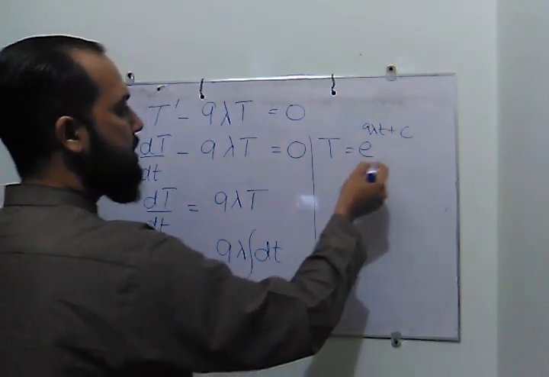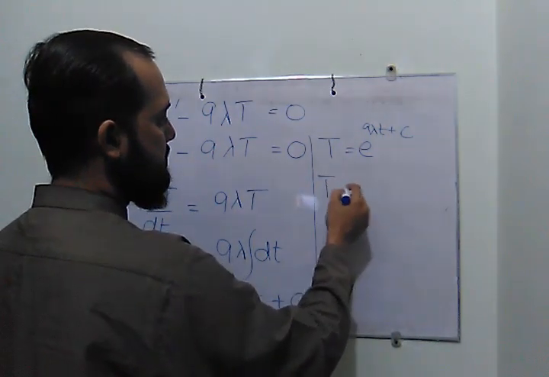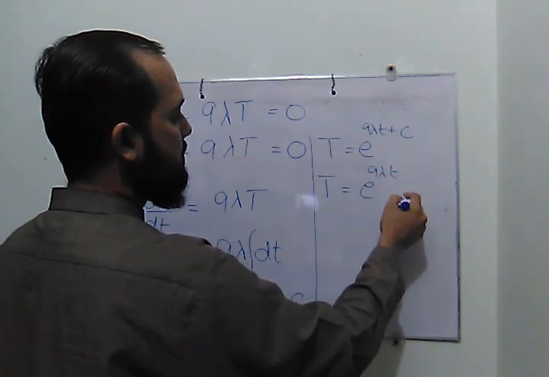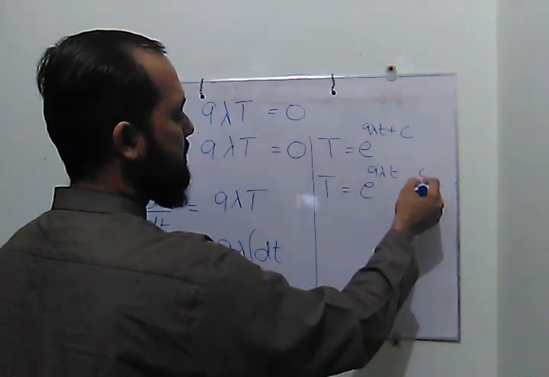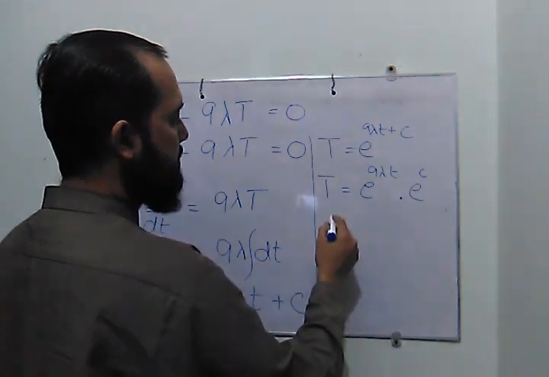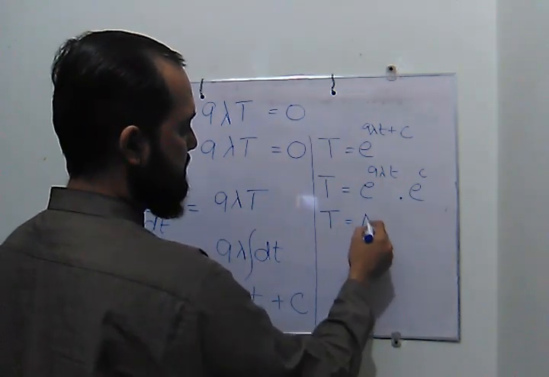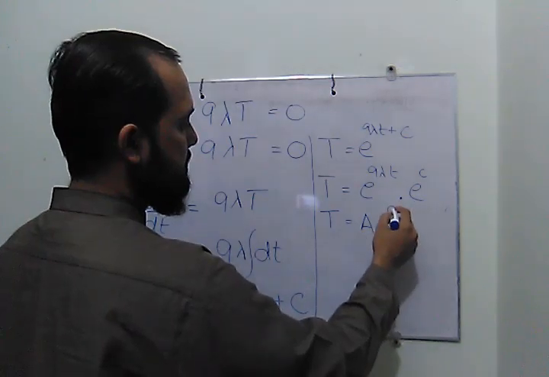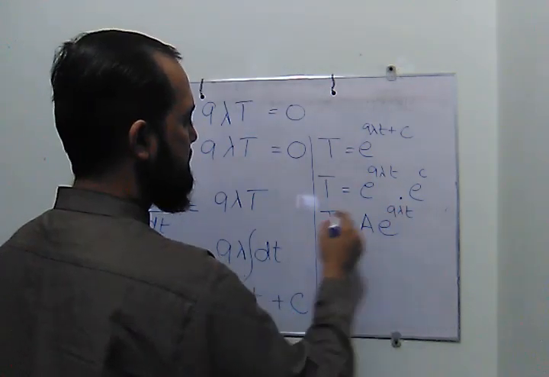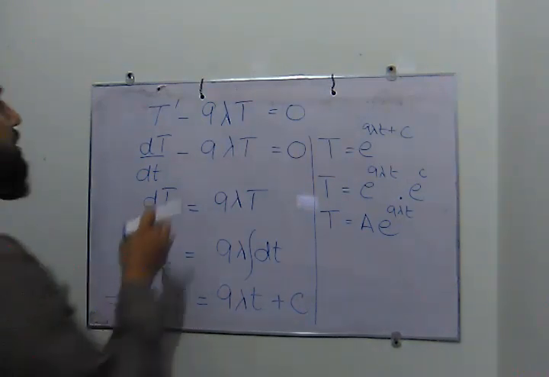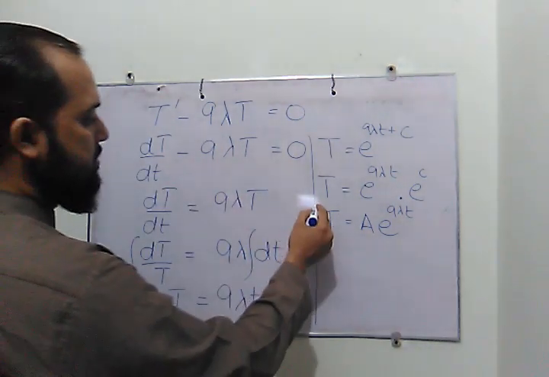We can separate the powers. This term is the constant term, and we can write this in the form of A. So this is the general solution of this equation.